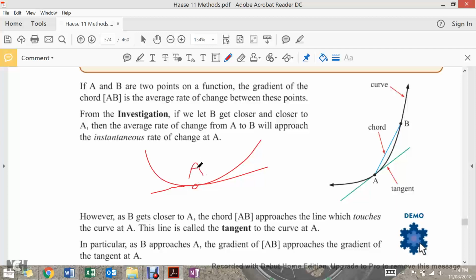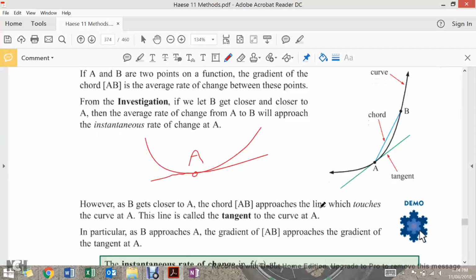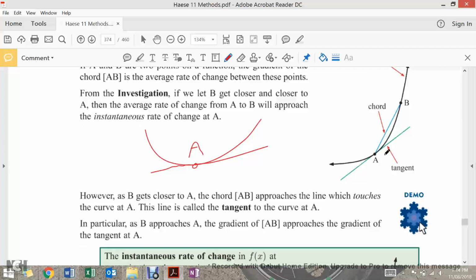So the tangent at point A is a straight line that only touches point A in this region here. And that, the tangent line, is the instantaneous rate of our function at point A.